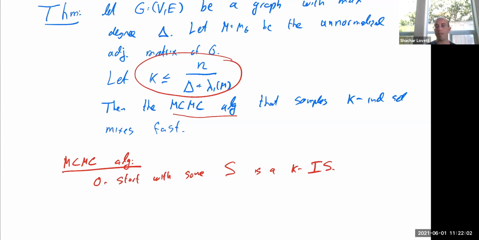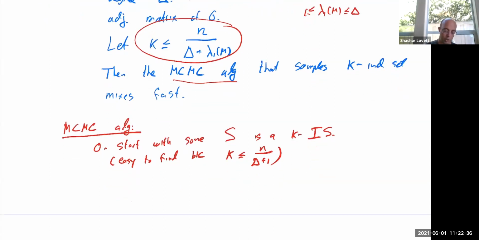And you can find it because it's easy when K is less than N over delta plus 1. Even if you just do it greedily, choose an arbitrary node, add it, remove all its neighbors, and keep doing that, you're going to get this bound, N over delta plus 1. So it's easy to find. Also notice that lambda 1 of M is something that's going to be between 1 and delta.